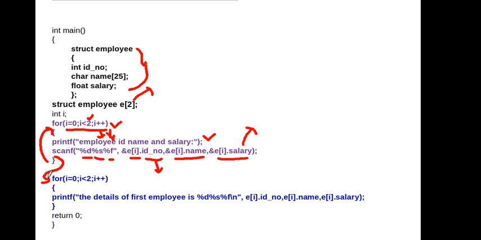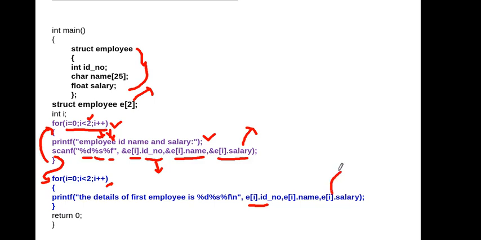As soon as it comes out of the loop, one more for loop will be executed. This for loop will display the information of the 2 employees. The first time the value of I is 0, so E of I dot ID number means the first employee's ID number will be displayed on the screen: E of 0 dot ID number, E of 0 dot name, E of 0 dot salary.